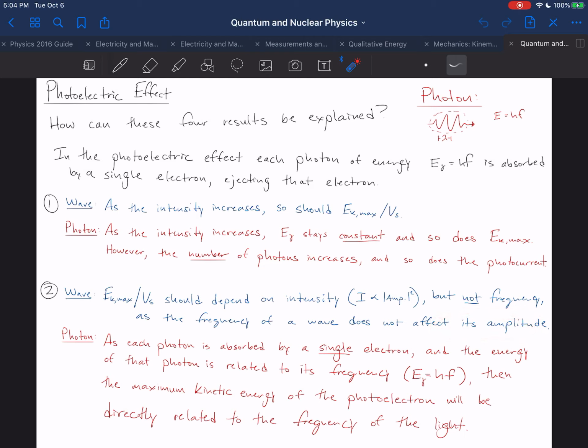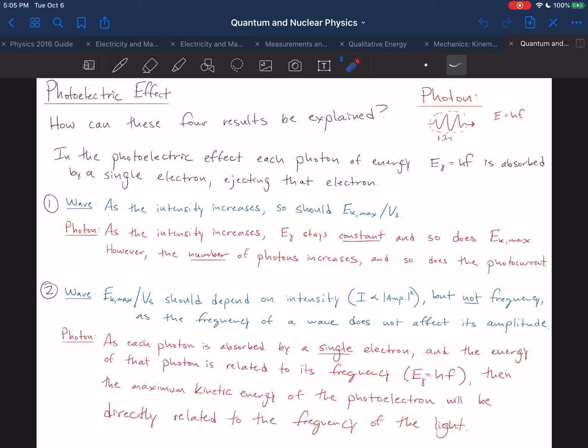It's not dependent on the frequency, and therefore the energy of that wave isn't normally dependent on the frequency of the wave. On the photon theory, however, as each photon is absorbed by a single electron, and the energy of that photon is related to its frequency, then the maximum kinetic energy of the photoelectron will be directly related to the frequency of the light.